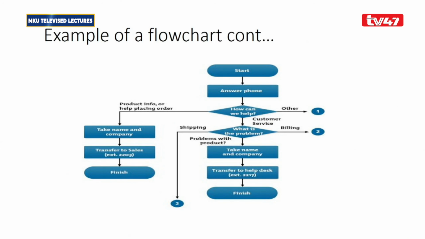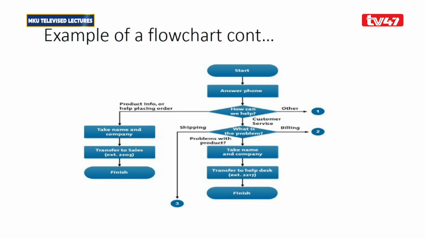Then you notice that we have introduced a new symbol which is labeled 1, 2, 3. Those are connectors and they can be used to extend a flowchart to another part. So the billing will be represented by connector number 2. So you will have another part of the flowchart with 2 listing the sequence of activities in the billing.